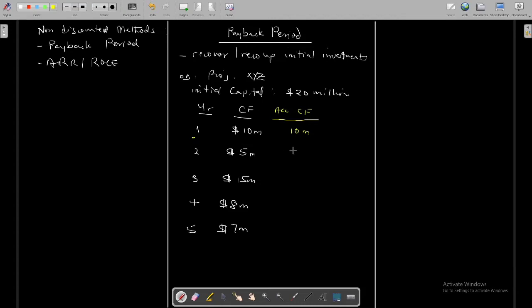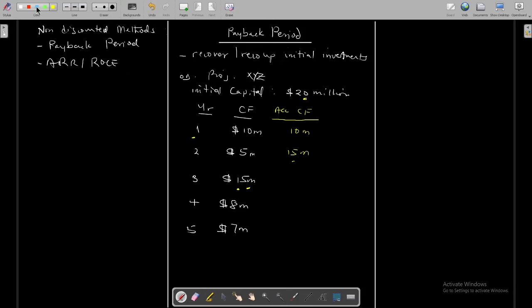We add it to the 10 million, which gives us $15 million. However, the initial capital outlay was $20 million. If we add all the $50 million to this $15 million, we are going to get $65 million, which is over and above the $20 million. So the only thing that we need to add to the $15 million is $5 million. However, we have to take the $5 million out of the $50 million.